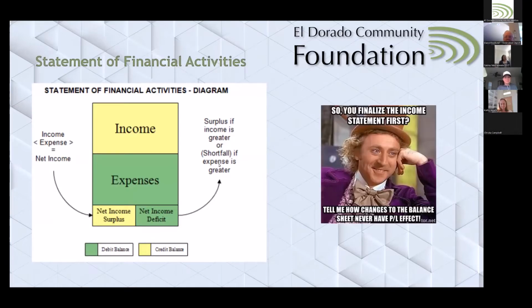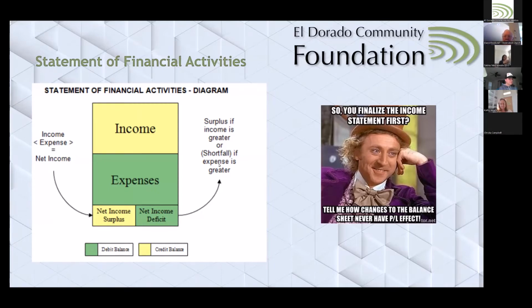So we're going to move on to the statement of financial activities. This is also known as the P&L statement, profit and loss, or the net assets. This is the statement which tells you how you are doing, program-wise or organization-wise, if you're bringing in more money versus whether there are any deficits or losses.